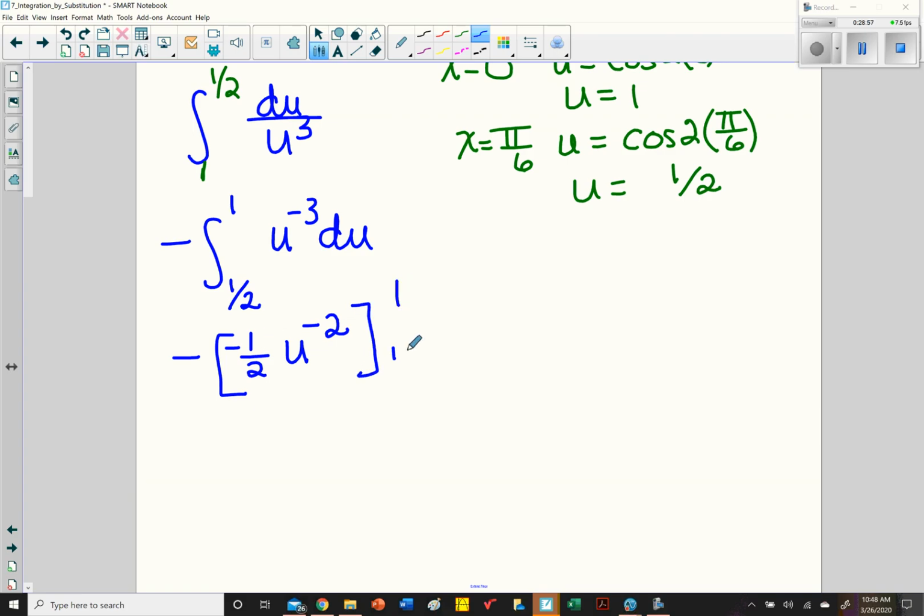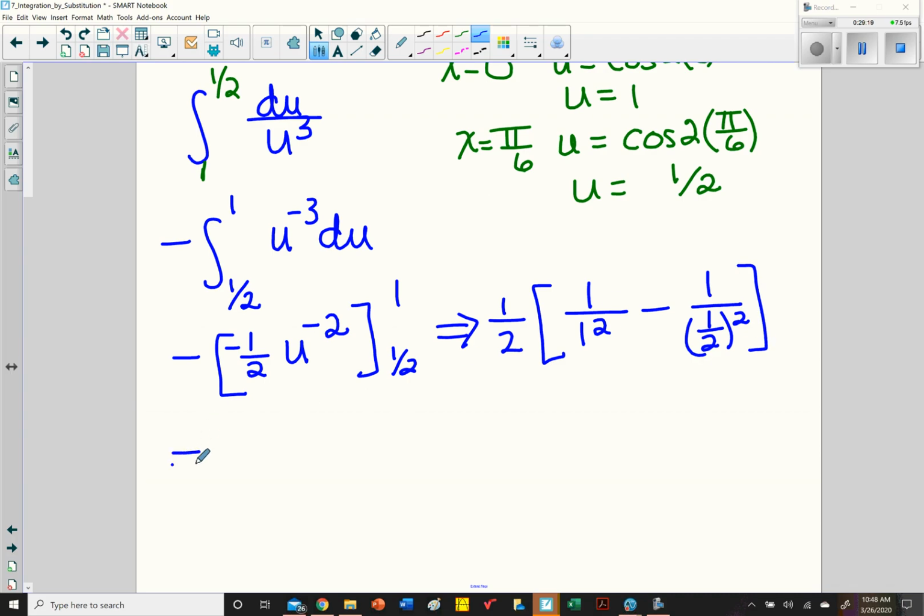Evaluating from 1 to 1/2. So let's take this half outside with this other negative, which would give us a positive 1/2. And then substituting 1 over 1 squared minus 1 over 1/2 squared.